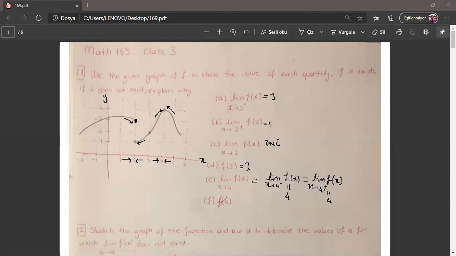What about f of 4? It is not defined because here we have the empty dot. For a limit, we say it does not exist, and for these values, we say it's not defined.